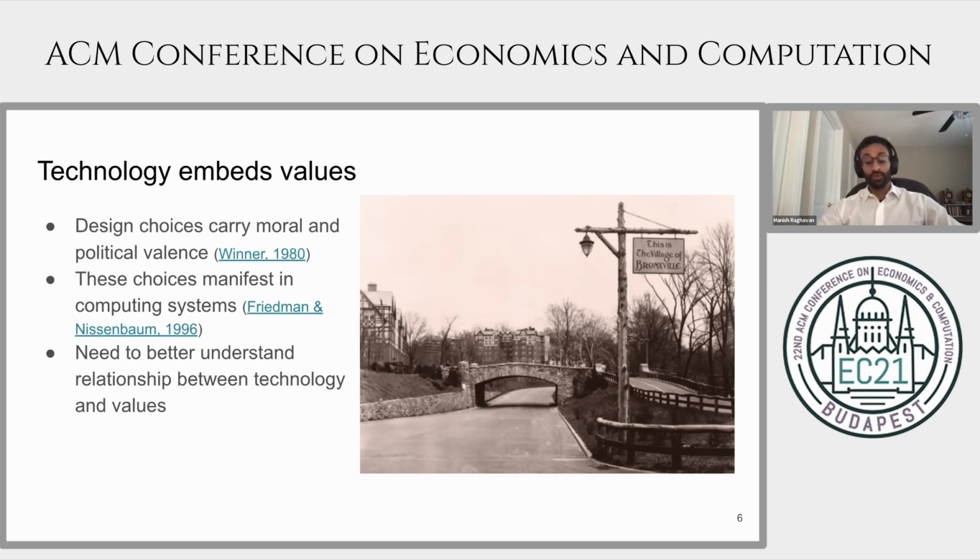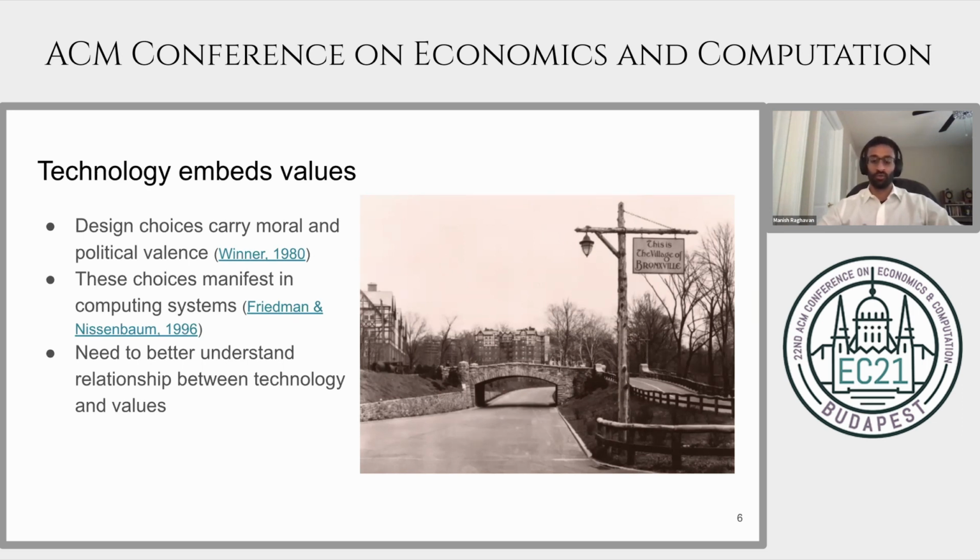And one thing that he did was when he was designing the highways that went out to Long Island, he intentionally built the bridges over those highways to be pretty low. And the goal behind doing that was to prevent buses from being able to get out to Long Island. And the effect that had was wealthy people could drive their cars out to the beaches in Long Island, but you couldn't have bus routes that would take less wealthy people out to the beaches.